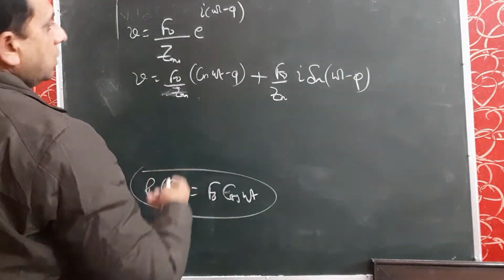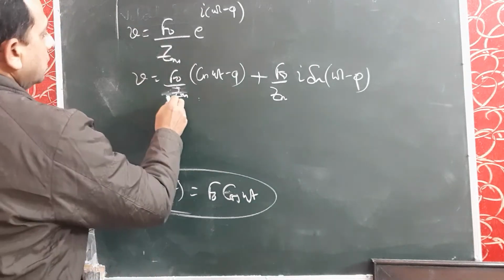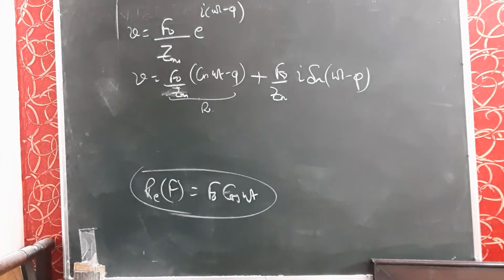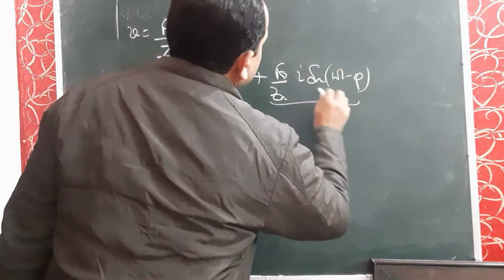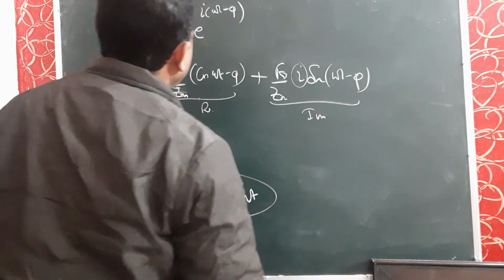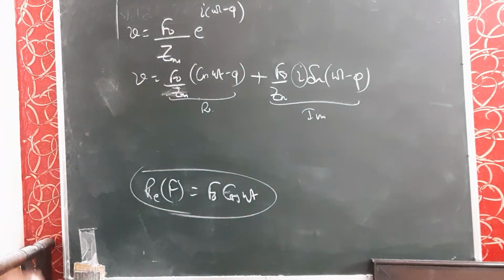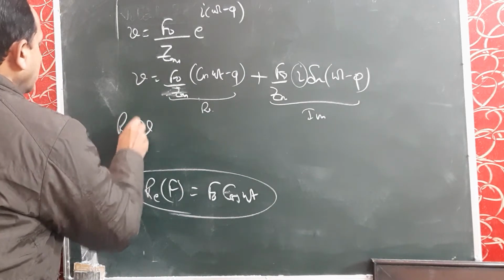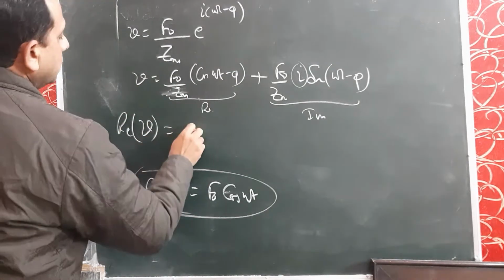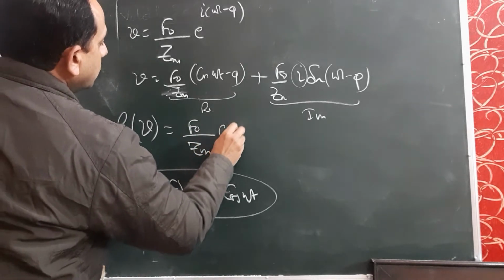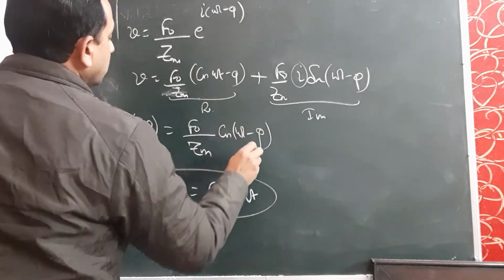So this is equation for velocity. This is real part because there is no iota, and in this term iota is used, therefore it is imaginary term. So we will compare only the real part of velocity, it will become F naught upon Zm into cos omega t minus phi.